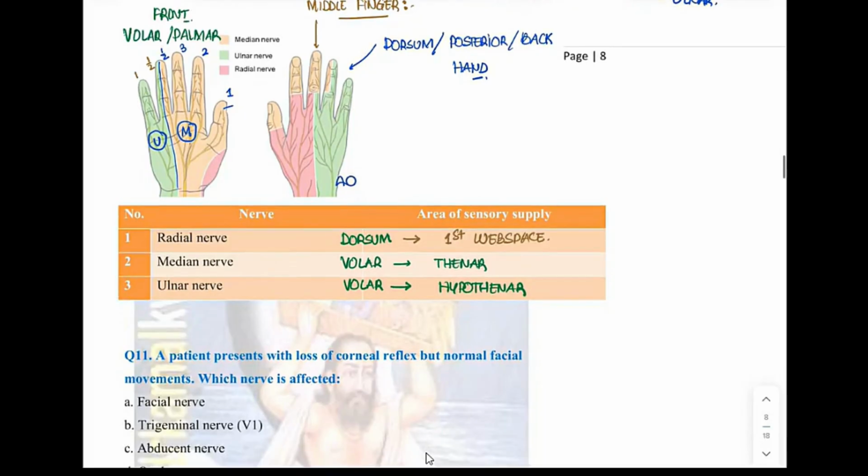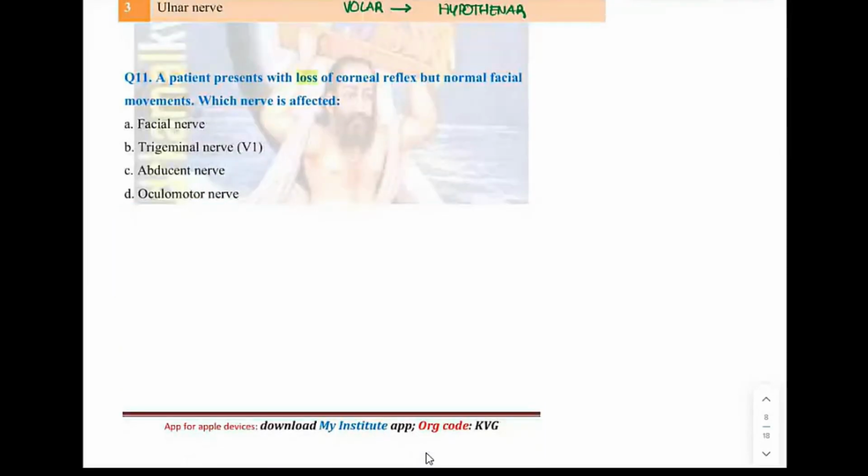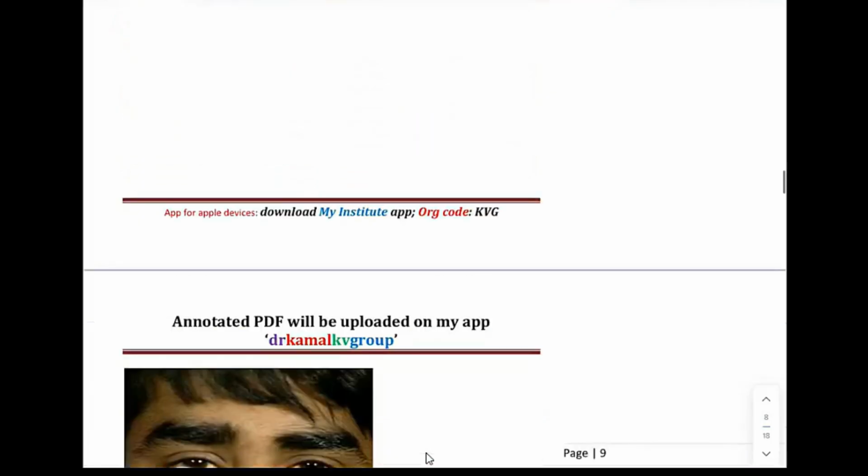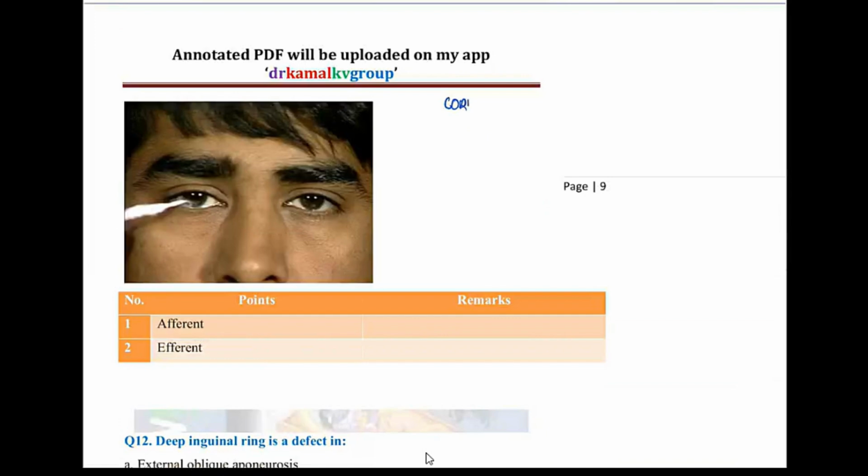The next question: a patient has loss of corneal reflex but normal facial movements. Which nerve is affected? Now for this, we should know what actually the corneal reflex is. The corneal reflex is actually a protective reflex.